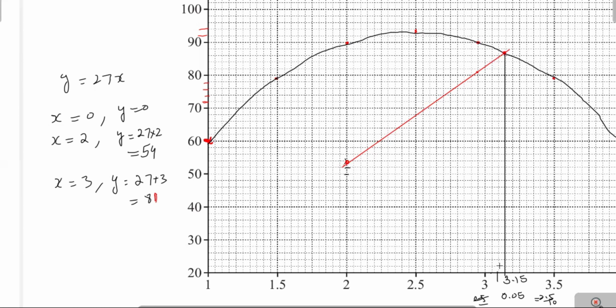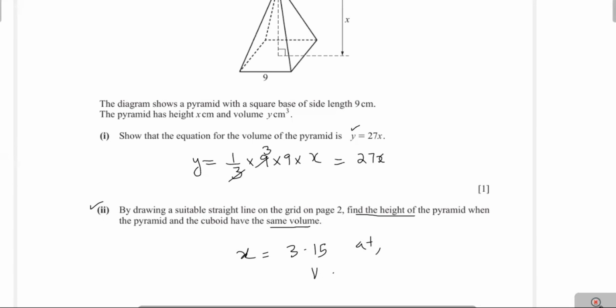And this is the value of x. This is the height at which the volume of the cuboid and the volume of the pyramid will be equal. And this is the answer.